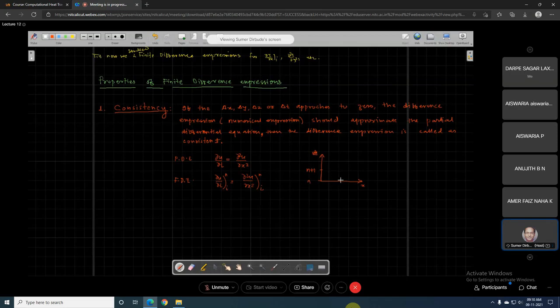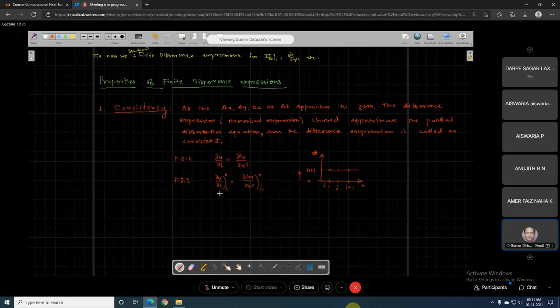And these are your i minus 1 and i plus 1. If you move in the time domain, the same things will move. So i will be here, next i's will be in n plus 1, then n plus 2, like that. So it has to move in time.